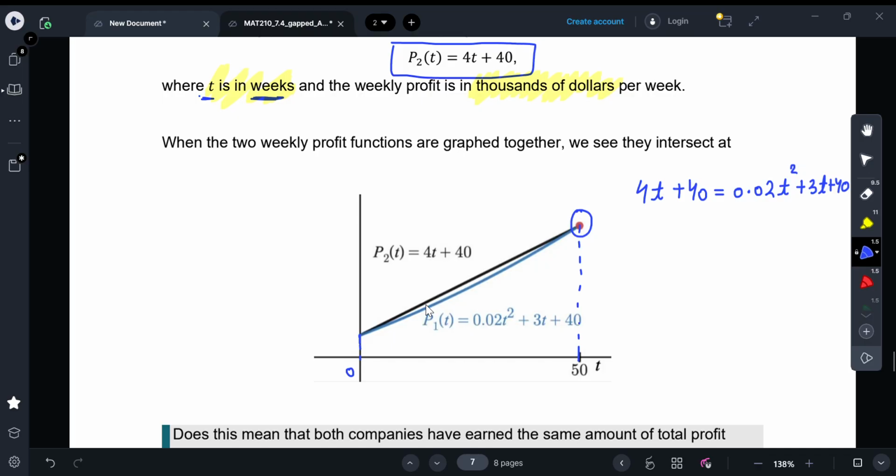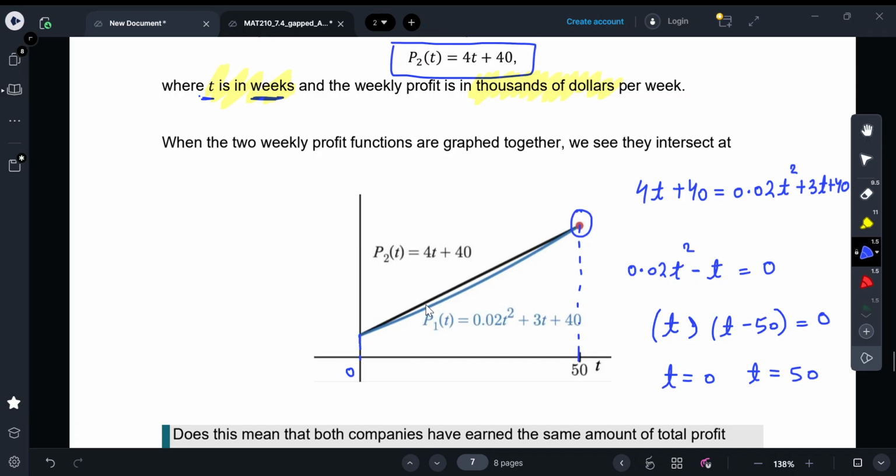When you move everything to one side, you would get this quadratic minus t equals 0. Eventually, you would get t and t − 50 as two factors. So t would be 0 and t would be 50.